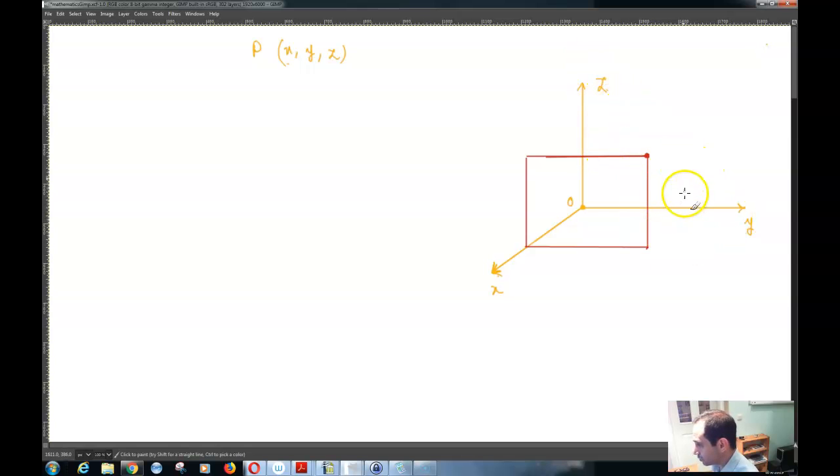Now I need a plane over here which is parallel to the XZ plane, and in order to do that, from here I can drop a perpendicular to the Z axis, which would be something like this, and from here drop a line which is parallel to the y-axis, and then from here a line which is parallel to the x-axis, and then from here again a line parallel to the x-axis.